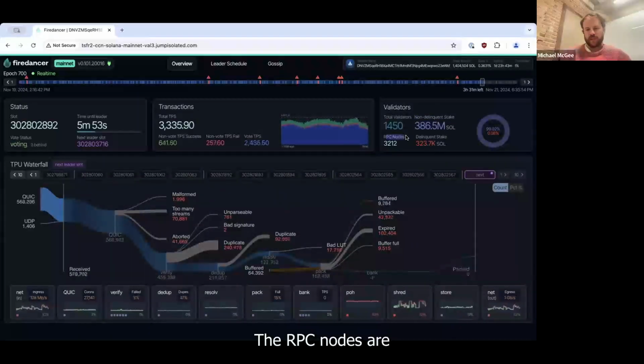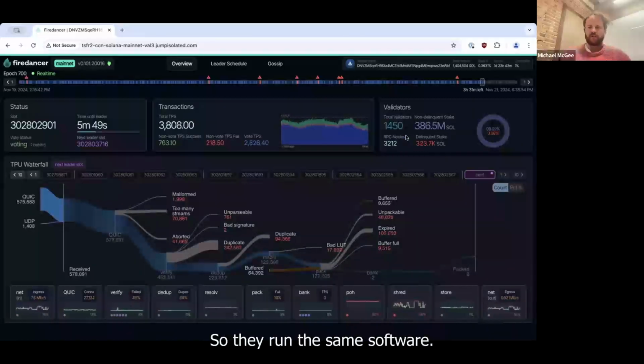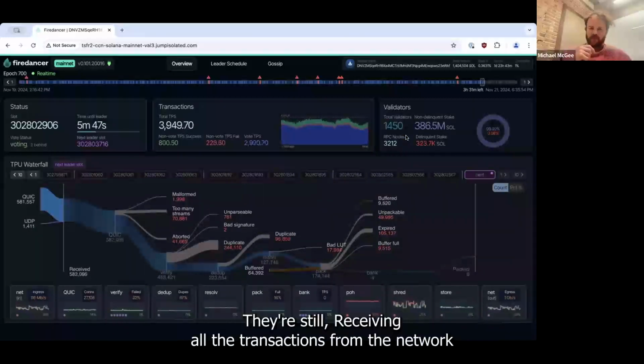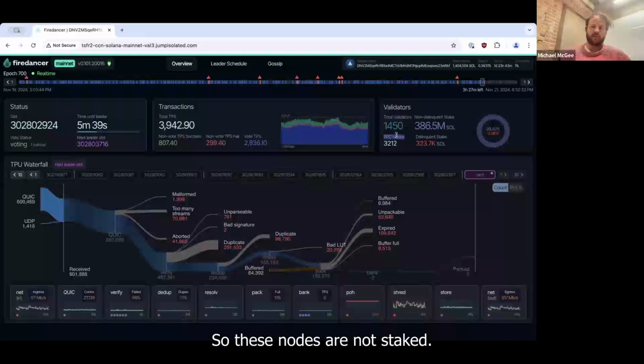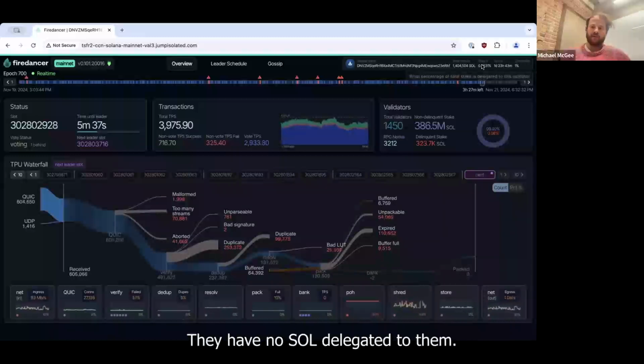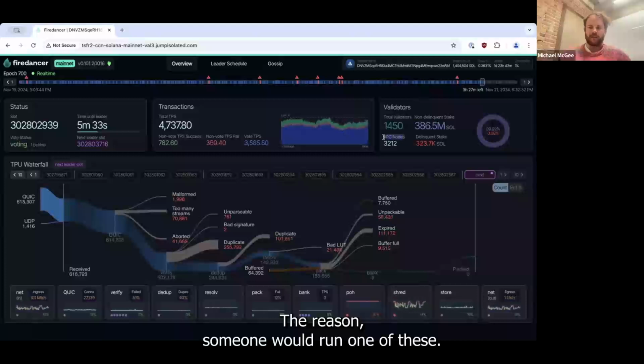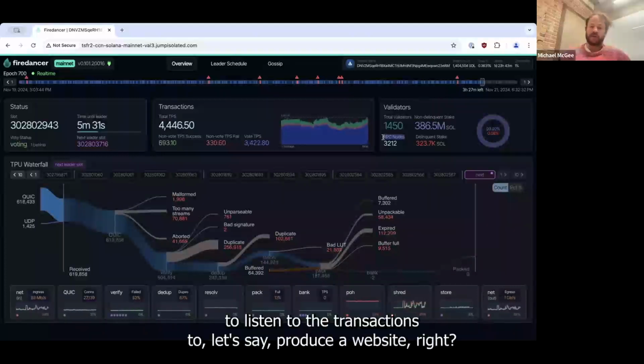The RPC nodes are a bit different from validators. They run the same software. They're still receiving all the transactions from the network and replaying them. But the main difference is they don't get a chance to produce blocks. So these nodes are not staked. They have no SOL delegated to them. The reason someone would run one of these is they want to listen to the transactions to, let's say, produce a website.